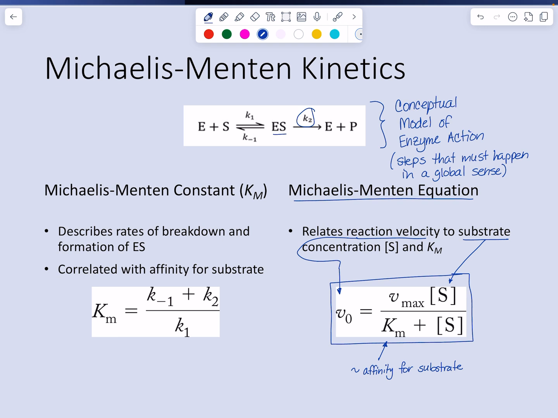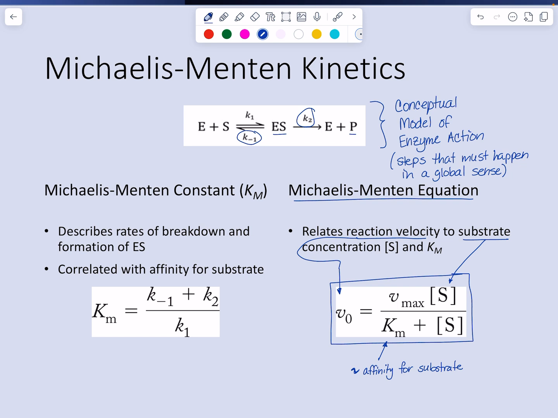It can disappear via the substrate diffusing out of the active site, or it can disappear via product being formed. So Km is very strongly related to affinity for substrate, but not the same thing.